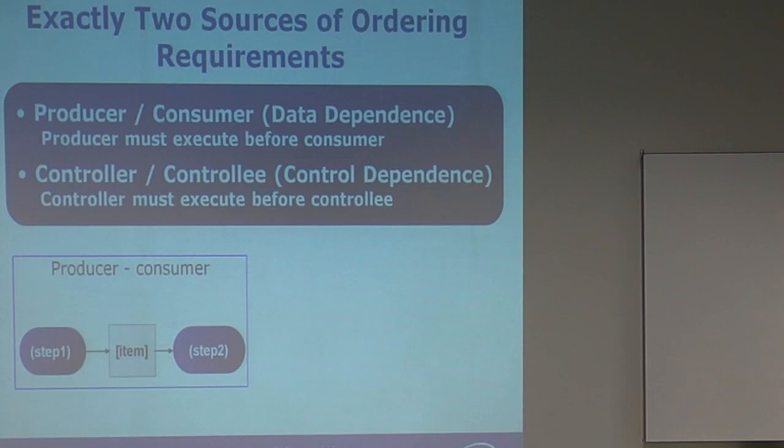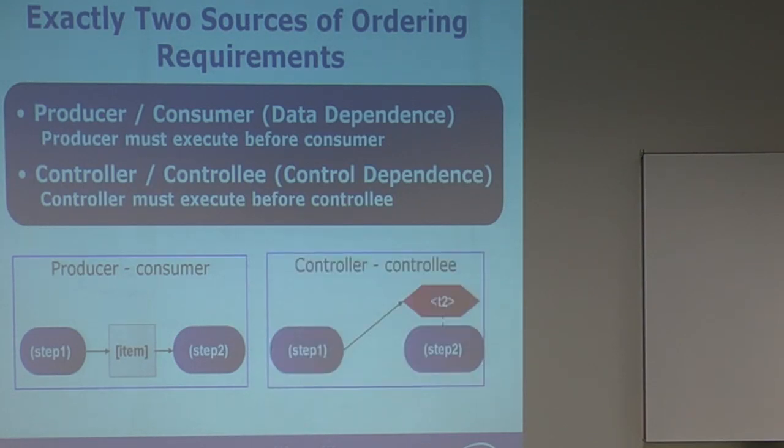So in this notation, the producer-consumer relationship is written like this. Step 1 is producing a particular item that's consumed now by step 2. So we have arrows between them. This is what you might write on the board talking to your colleague. And for the controller-controllee relationship, step one is producing some control information into a tag collection, a collection of control tags.